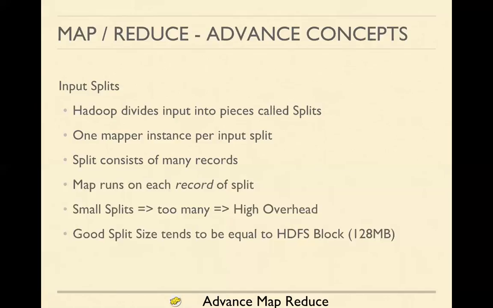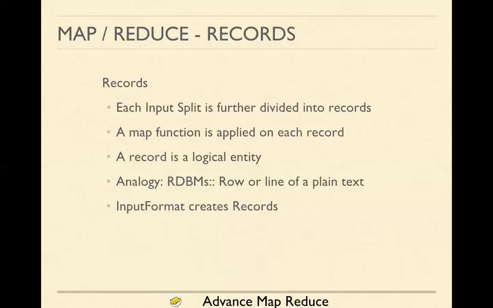If the input format creates, say, 1 MB input splits, there will be too much overhead because there will be too much transport of data from one machine to another. A good split size tends to be equal to the HDFS block.